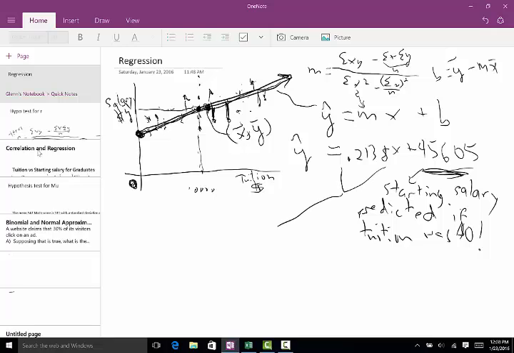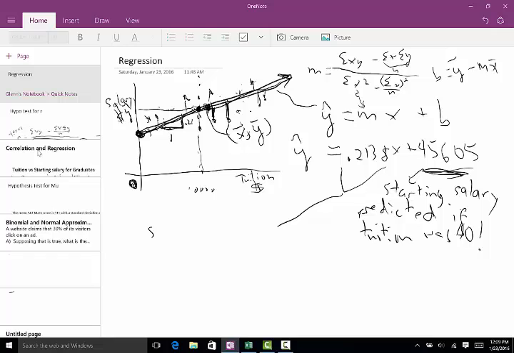Now, what's the interpretation of the slope? The slope is how steep the line is. I told you here, slope tells you whether it's going up or down, and then how steep is it. And we sort of unitize that. For every 1 unit I go over, I go up 0.21. It's the change in y for each 1 unit increase in x.